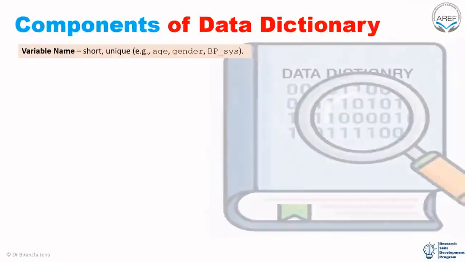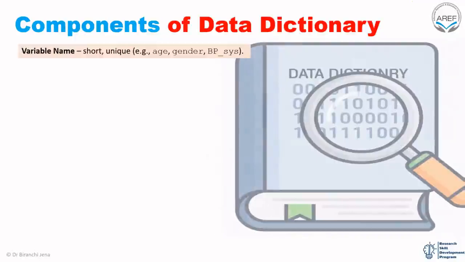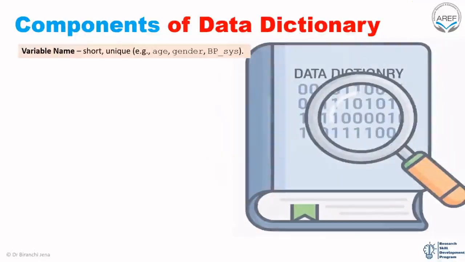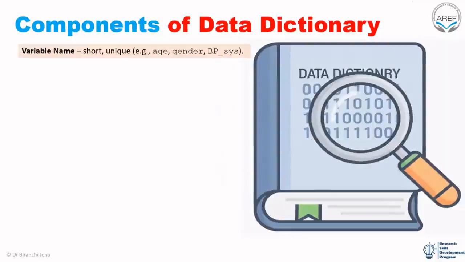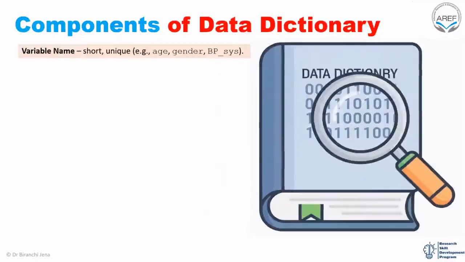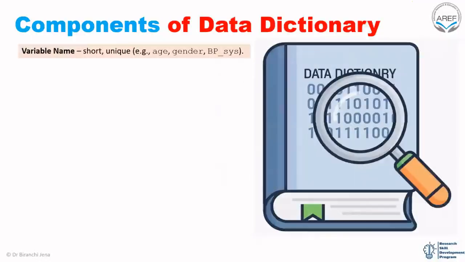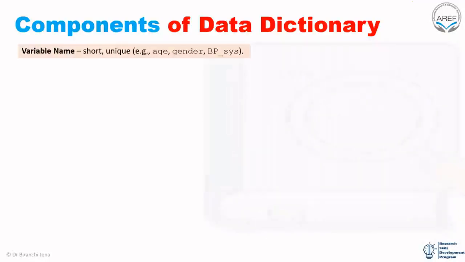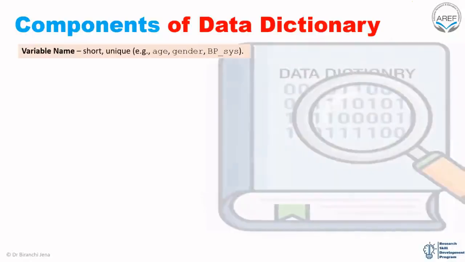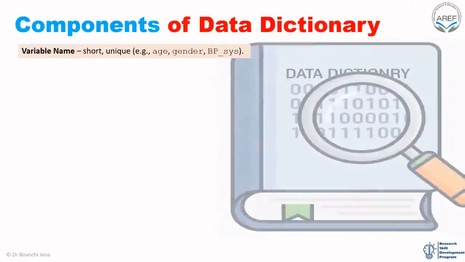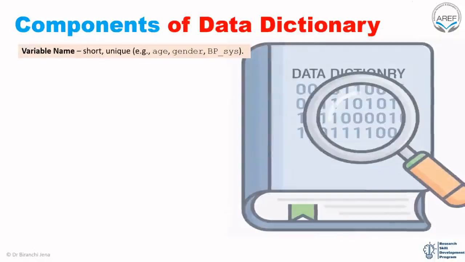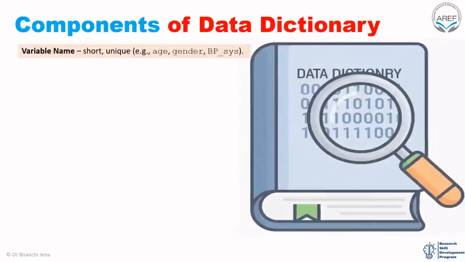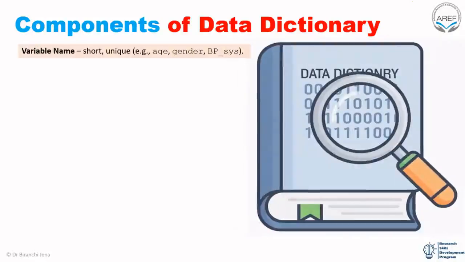And if we are collecting diastolic blood pressure, then we can write BP underscore diastolic. So that name has to be given. That will be the identifier for that variable in your research, because your research is unique. You are the architect of your research. If you are not designing that architecture efficiently, then others will never get an understanding of what you are trying to do.